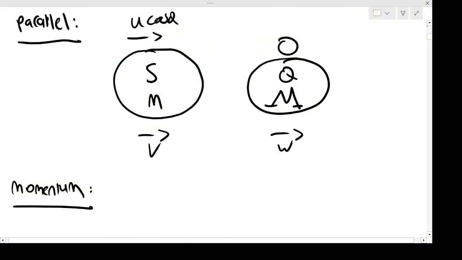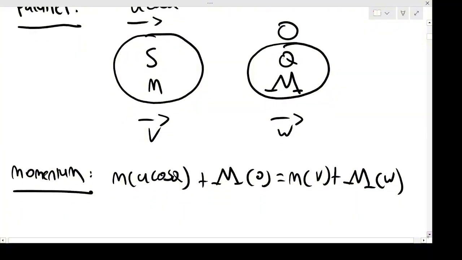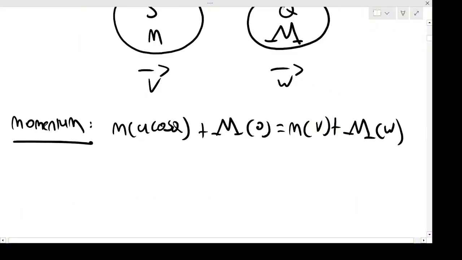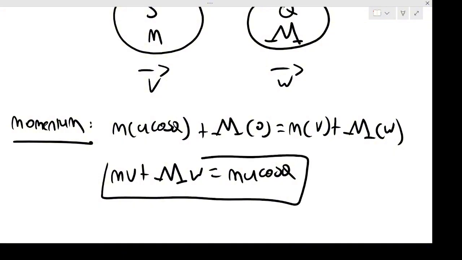So that's going to be m lots of u cos alpha, add big M lots of 0, is little m lots of V, add big M lots of W. Now I can't cancel the m's because they are different. Okay, so I'm going to have to leave them where they are. So mV add big MW is mu cos alpha. And there we are. Okay, can't do anything more to that.